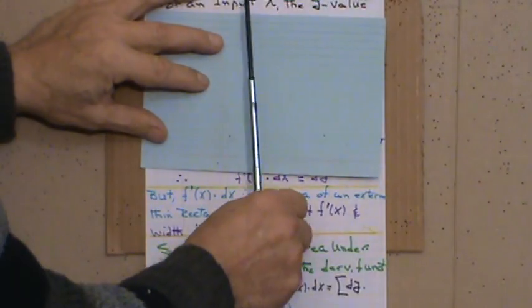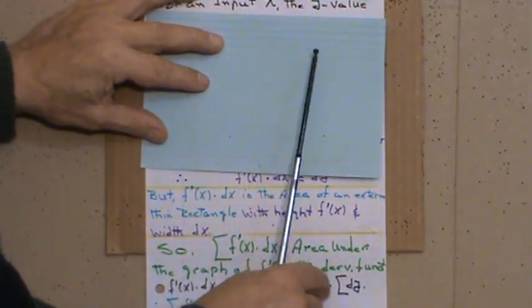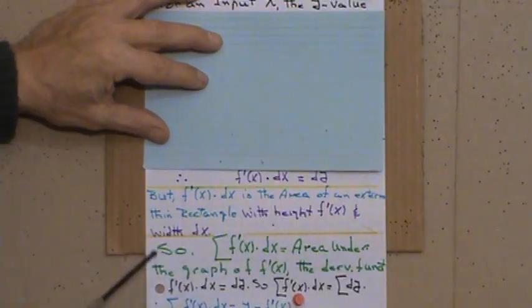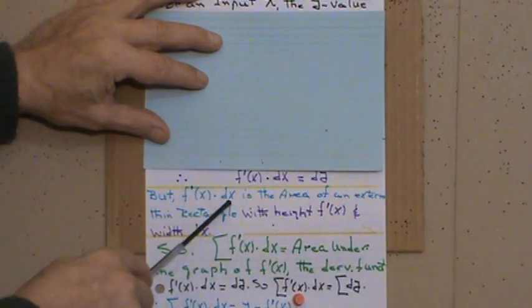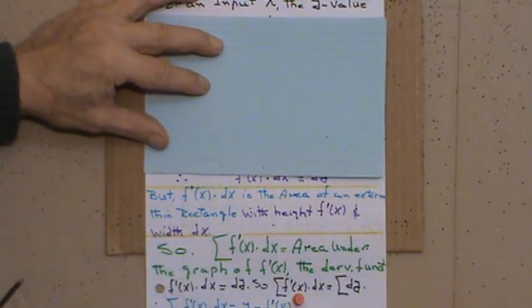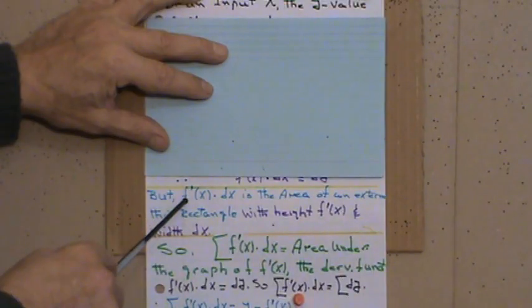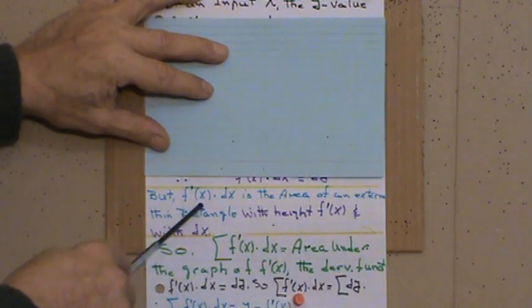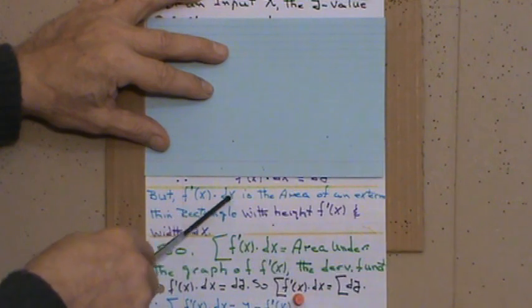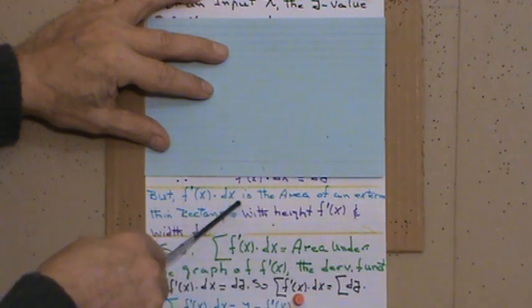Now, f prime of x times dx is the product of two numbers, is that right? Like 2 times 3, I mentioned in the previous lectures, 2 times 3 can be interpreted in 2D as the area of a rectangle of 2 by 3 dimension. So f prime of x, which is a number, we give x, it gives you the value, times dx is what?